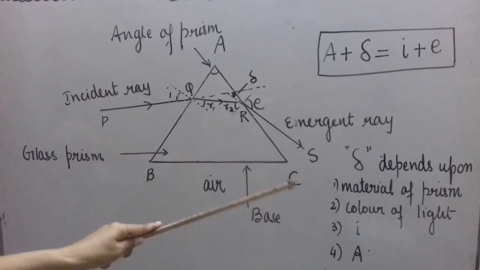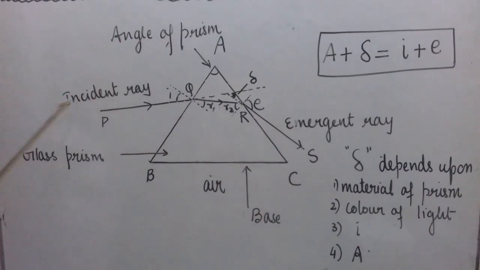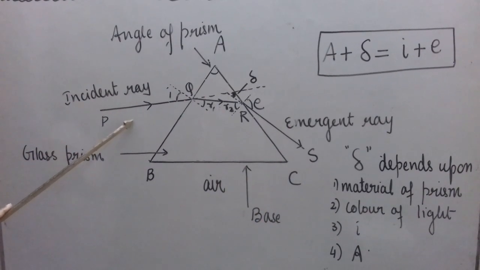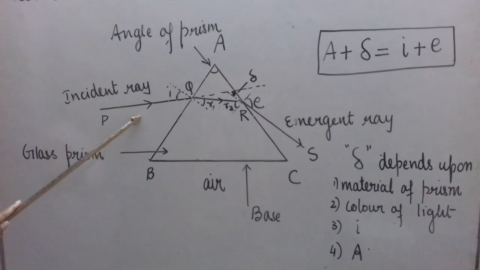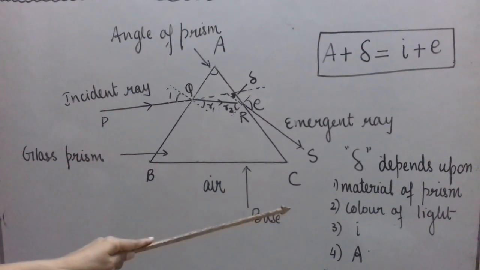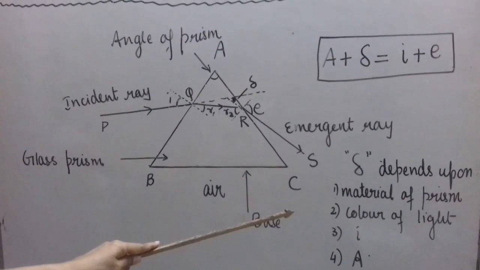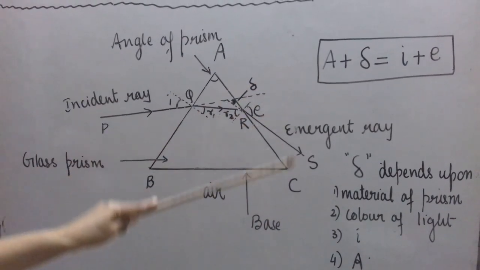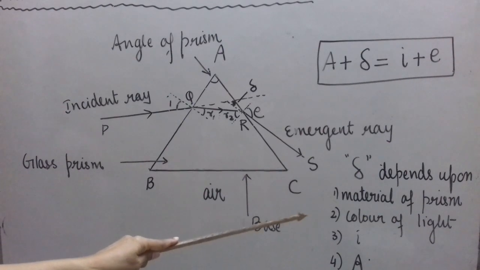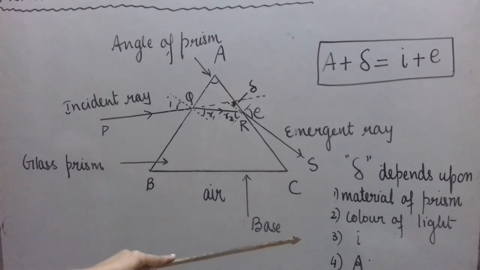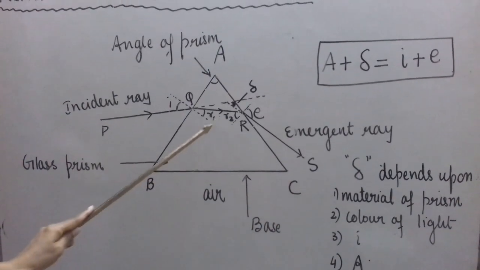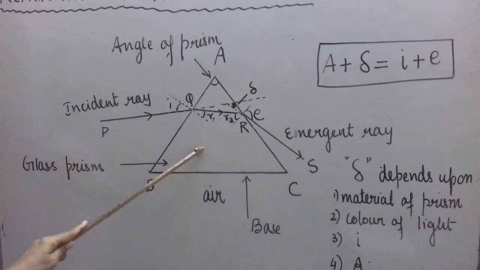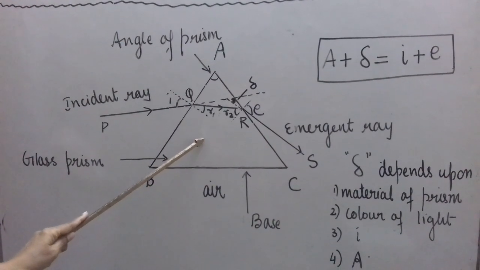Color of light: incident ray may be of different color or indirectly may be of different frequency. If the color of light changes, keeping other things same, delta will again change. Or if you keep the color same and I and A same, but change the material of the prism, change the refractive index, again delta is going to change.